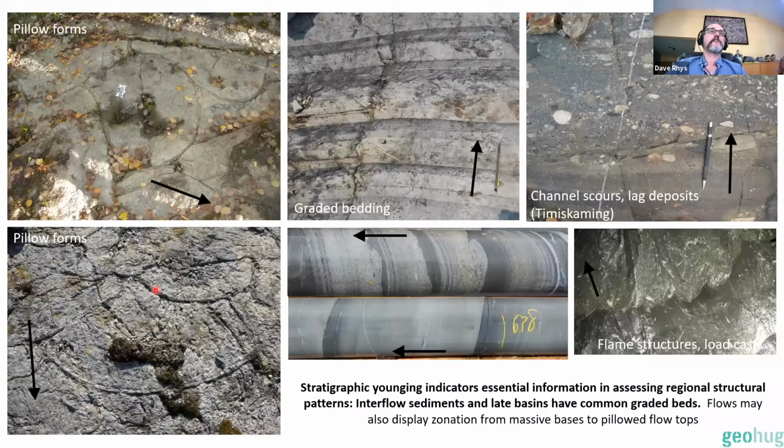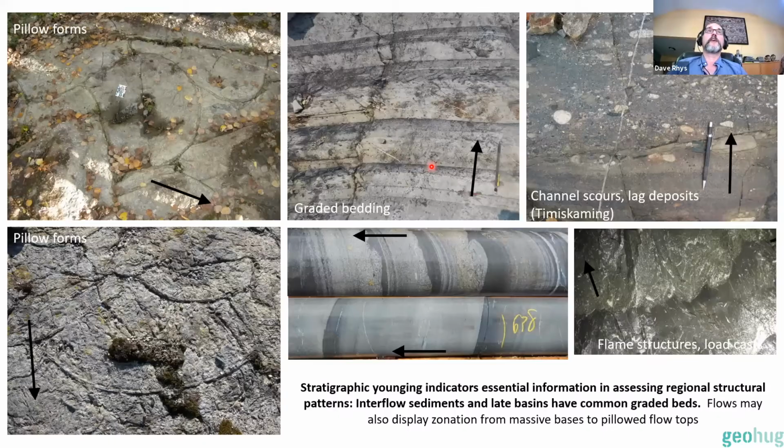It's often difficult in others, but the other way too is that often a pillowed flow will have at its bottom a more gabbroic base and a finer grained top, so you can actually get coarse grading in these. So basically getting the stratigraphic tops allows you to really look at the bigger picture structural architecture in the deposit, which is going to potentially control where your mineralization may lie.